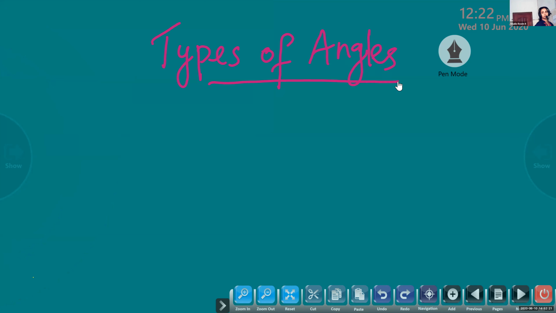First one is zero angle. Children, now no need to write anything, just listen. The first one is zero angle. Second one, acute angle.